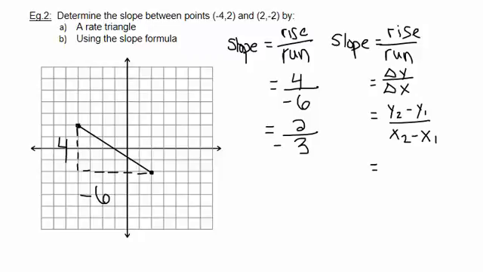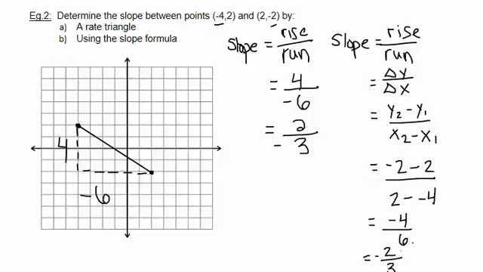So our y2 coordinate is this -2 minus our y1, which is +2, and our x2 is +2, minus our x1, which is negative 4. So we're left with negative 2 minus 2 is negative 4 over 6, which again is equal to negative 2 over 3, which is the exact same answer. So therefore, both these methods do work for calculating slope.